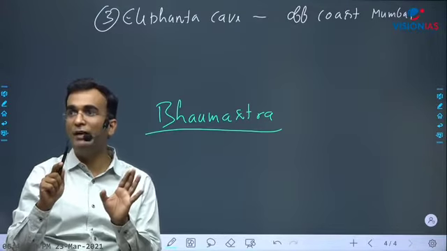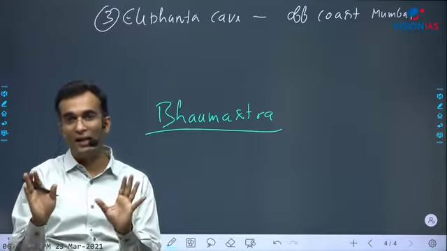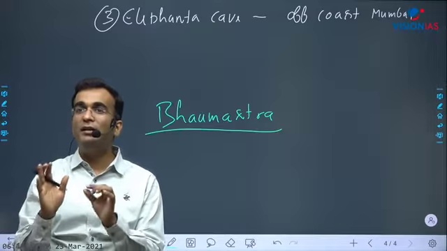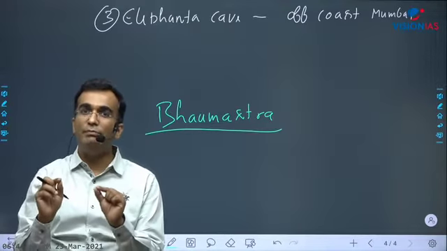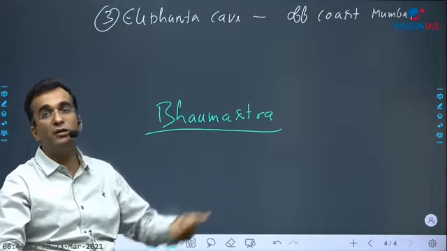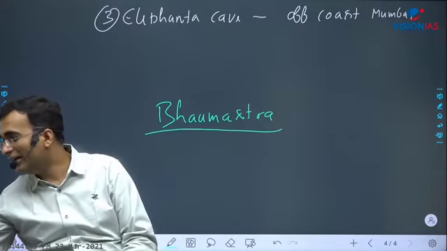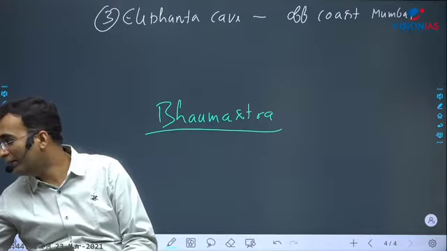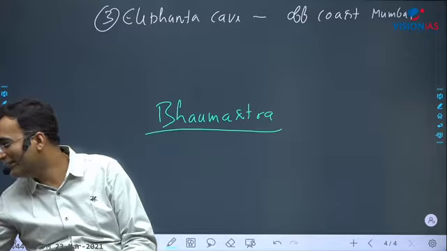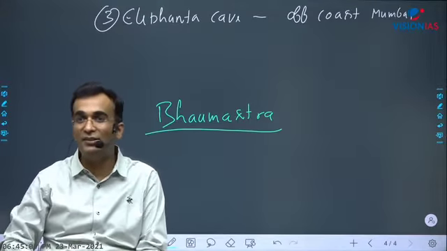Till now, the scientific people try to prove that this cannot happen, so it is debatable, but it is believed by the people of that area that Bhaumastra was used in the construction of this temple. So this is what Sales has quoted, vaporization technology. Yes, the Bhaumastra is the vaporization technology.